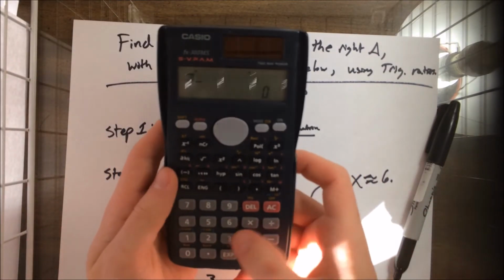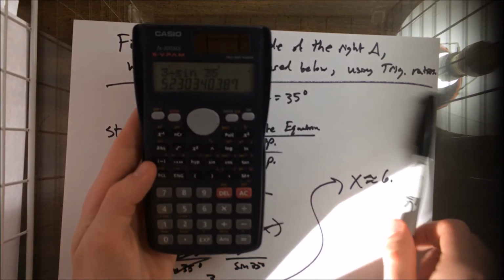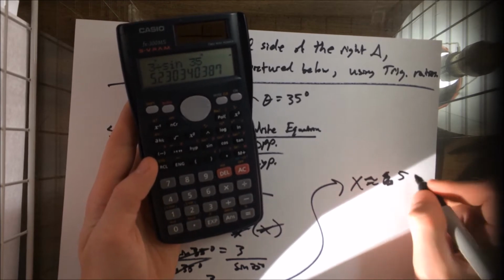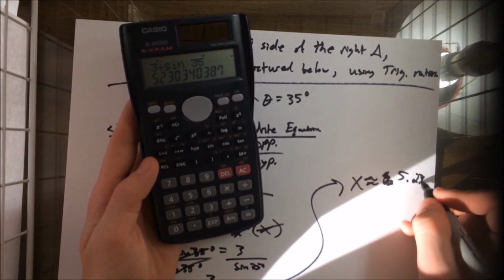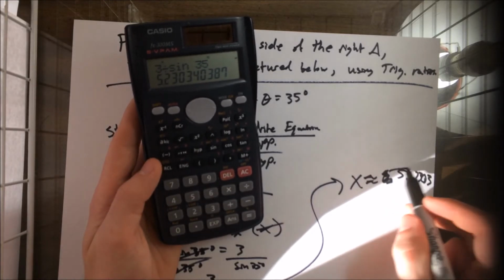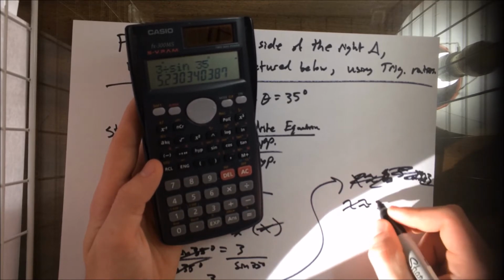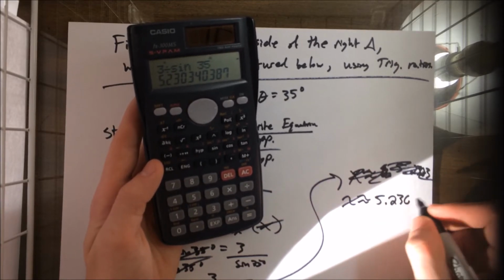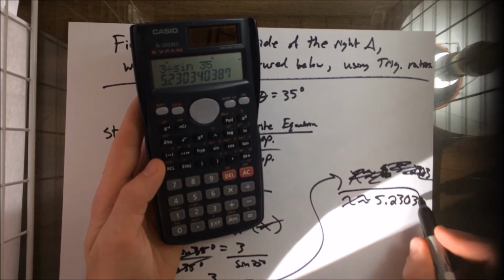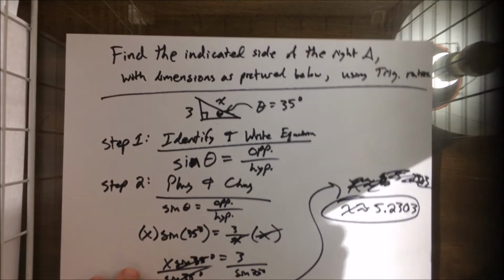So 3 divided by the sine of 35 is 5.2303. Okay. x is about equal to 5.2303.